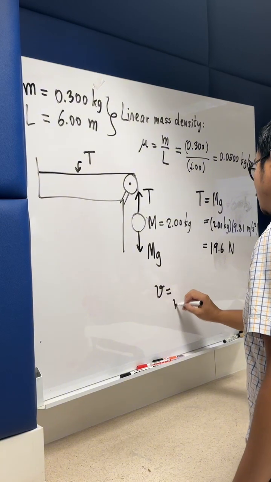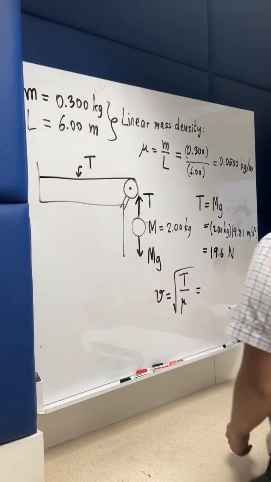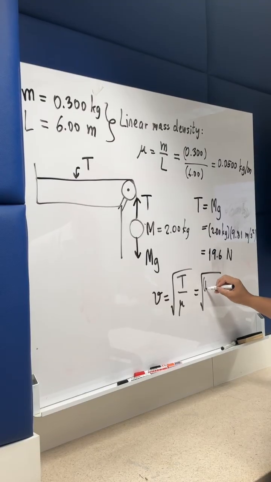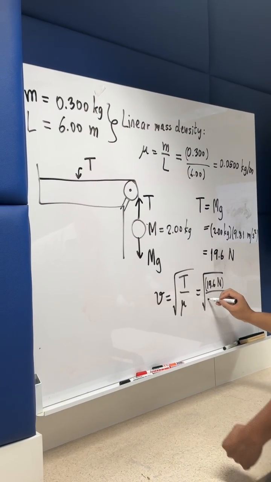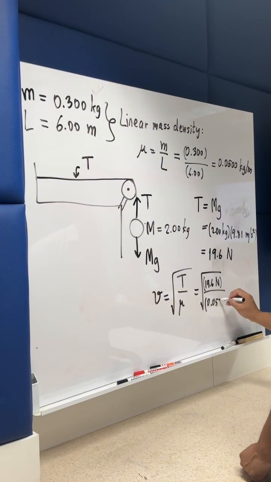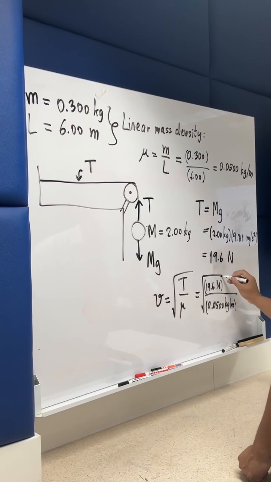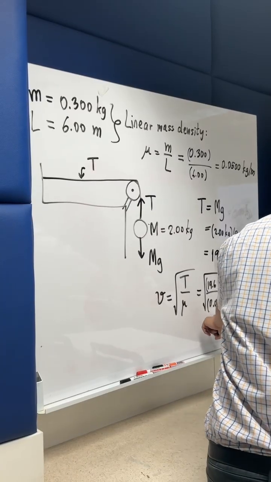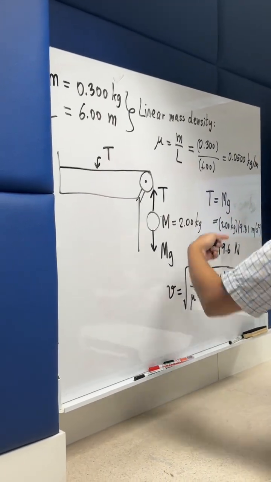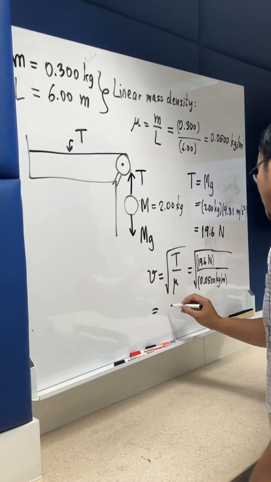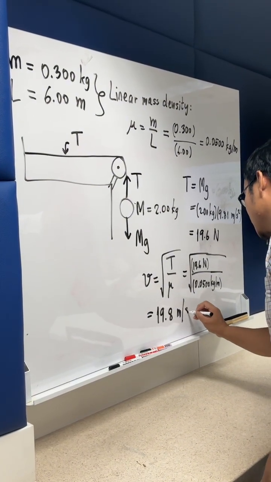Well, basically it is just v being the square root of T divided by mu, and that is 19.6 newtons divided by 0.05 kilograms per meter, right? Well, dividing by 0.05 is like multiplying by 20. You have 19.6 times 20, taking a square root is almost the average of the two, so you get 19.8 meters per second.